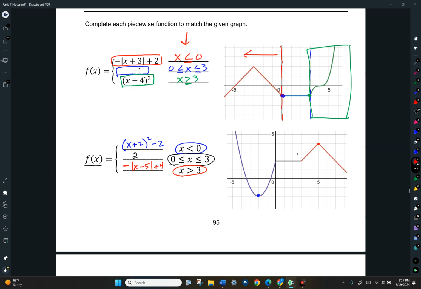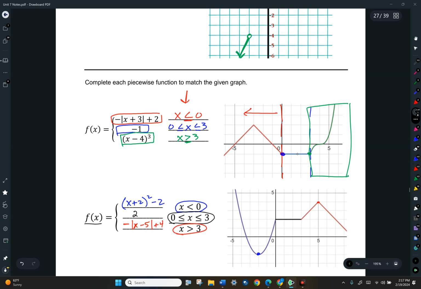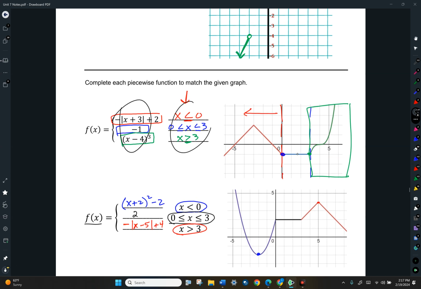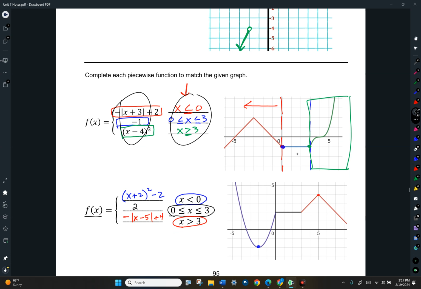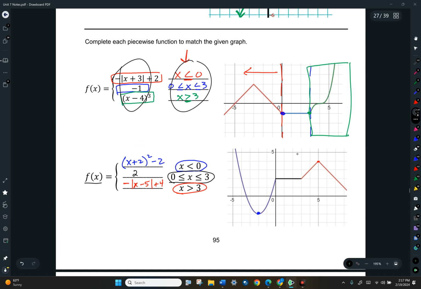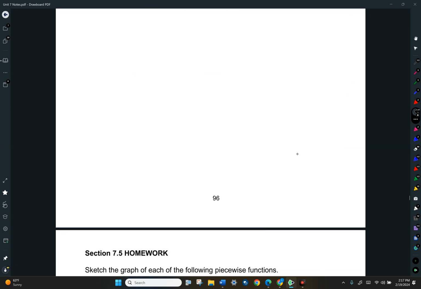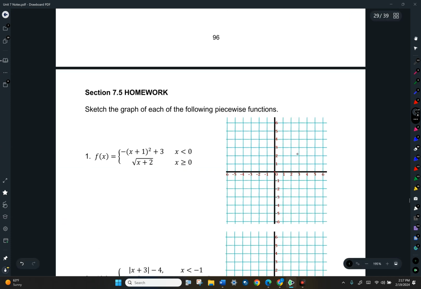So in the first example, you'll notice they gave me the equation, I just had to give the limitation or the boundaries. In the second example, they gave me these limitations or boundaries, whatever you want to call them, and then I had to give the equation that matched. Okay? So that is section 7.5 that has to do with piecewise.